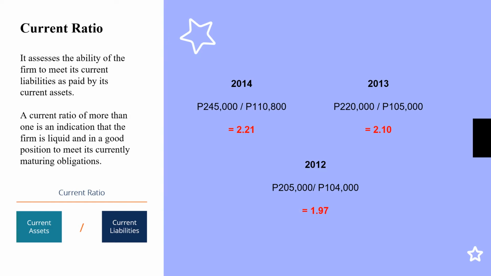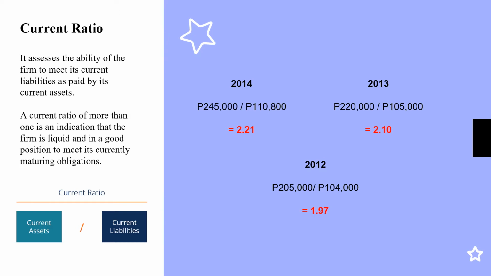But then again, as I said before, a high ratio does not always mean that it is good. It still depends on the one analyzing, and on the nature or type of business. A ratio can be high because the firm did not utilize its cash in other investments. The cash becomes idle, which is why the ratio we compute is high.